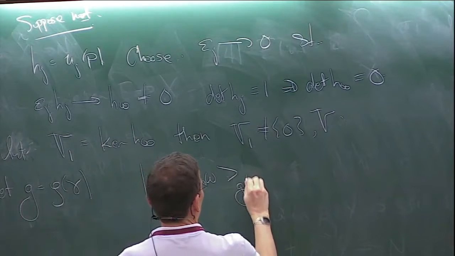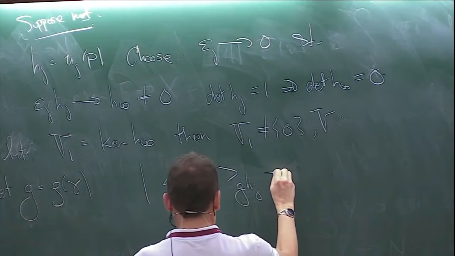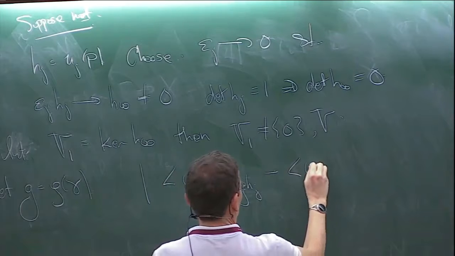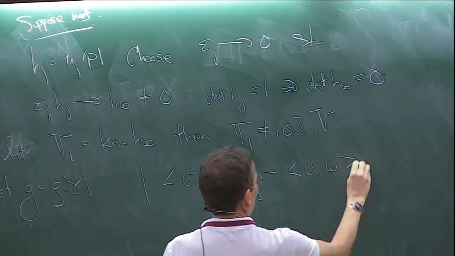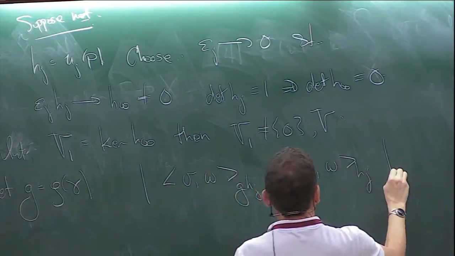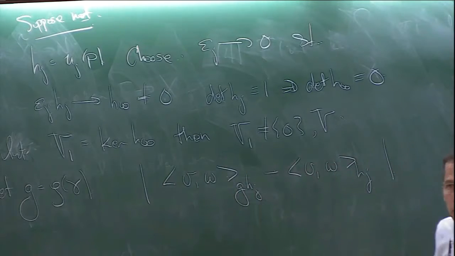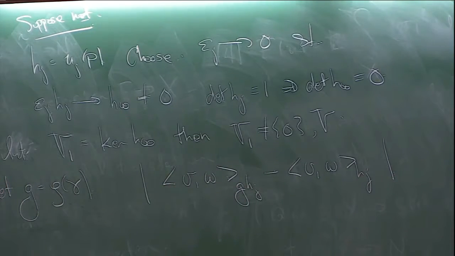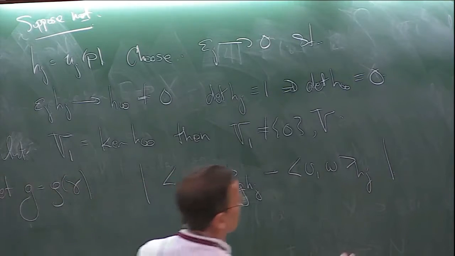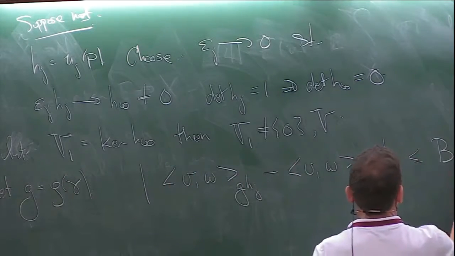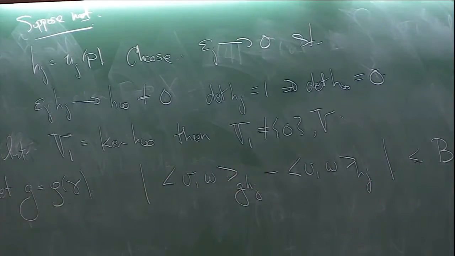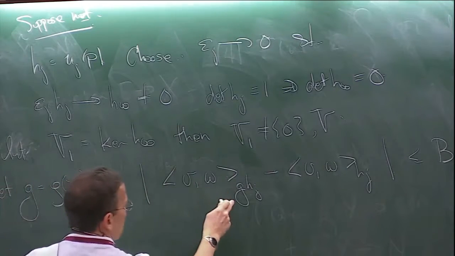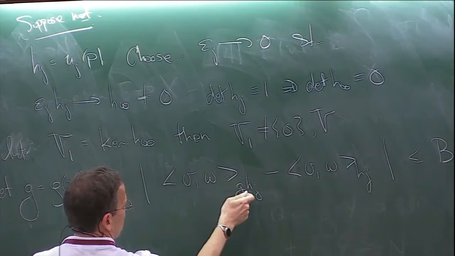So when I look at the metric associated to Hj and associated to some fixed G times Hj, these remain a bounded distance apart by the Lipschitz bound for the equivariant maps. So this difference here is bounded. Now, what does that actually mean? How do I write the metric in terms of this?